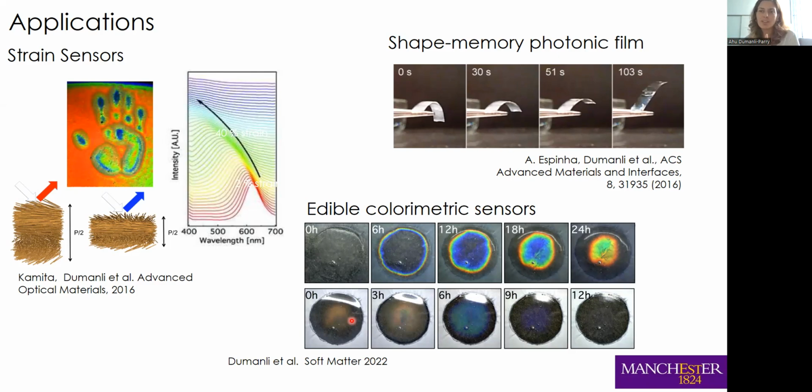So by regulating that, you're also able to regulate the color shift, which can be coupled to any physical event, basically. So it can be a chemical or a physical timer, essentially.